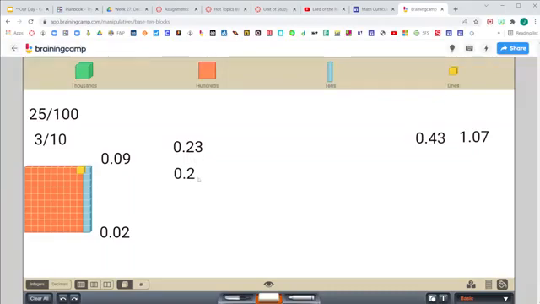Well, here I don't have anything in the hundredths place, so that just means there's nothing there. Here I have 3 hundredths, so this number automatically becomes bigger because this would be the same as 20 hundredths, and this would be 23 hundredths. So this one is bigger, and then this one is smaller.